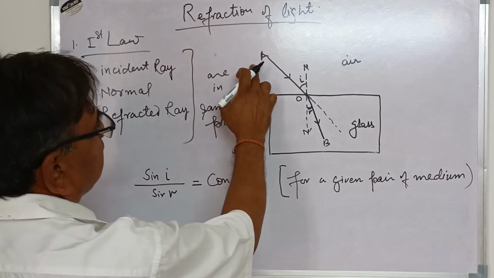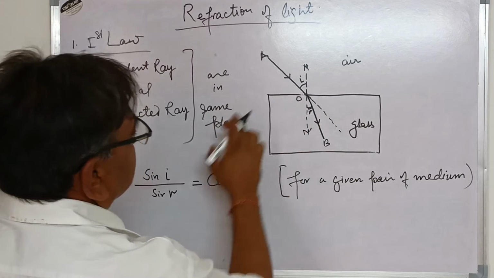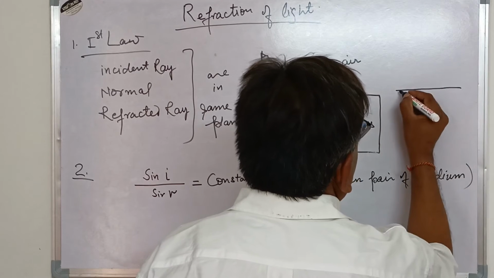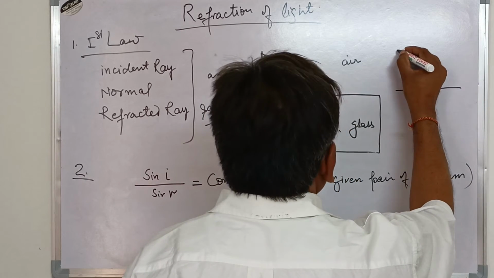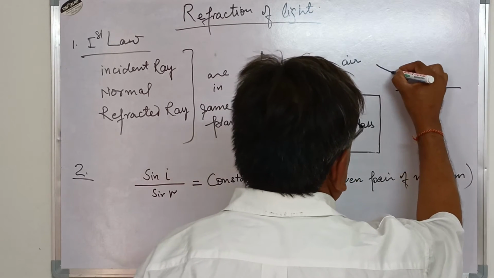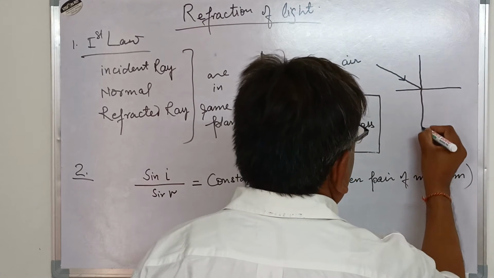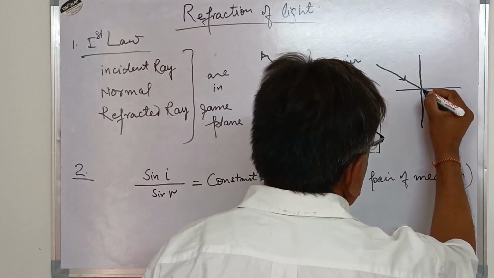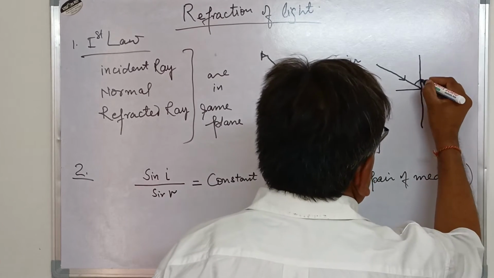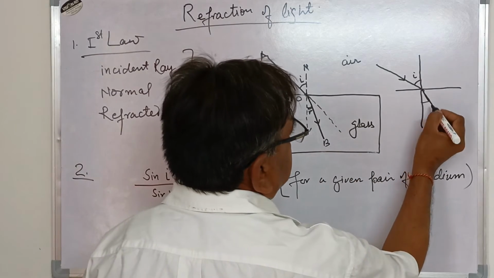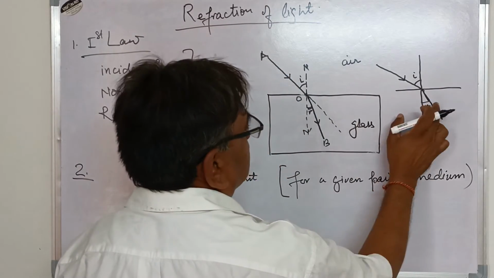Let us take another ray, this one with more slant. The angle will change. This is the normal, and the ray will go in this direction. So here this i and this i are different, and this r and this r are different.